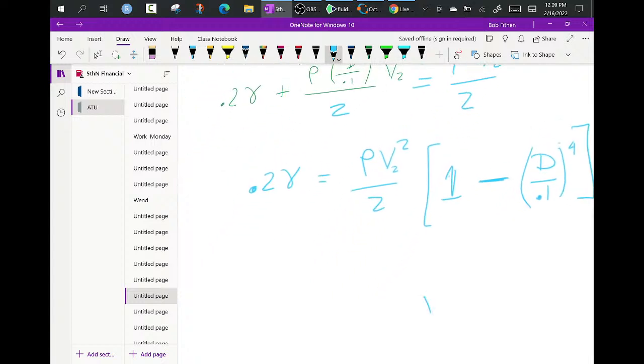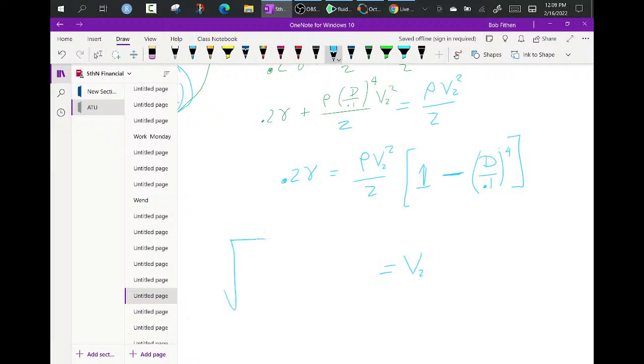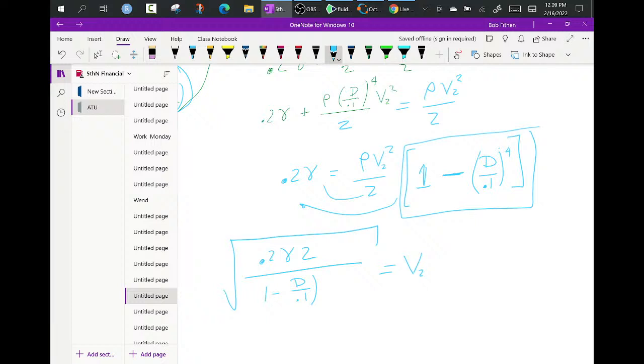Now, if you want V2, you end up with this. So the first thing you want to do is bring your 2 up there: 0.2 times gamma times 2, divided by, taking all this and putting it in the denominator over here, 1 minus d over 0.1 to the 4th. And then, of course, you brought your 2 over, but you didn't bring your density over.